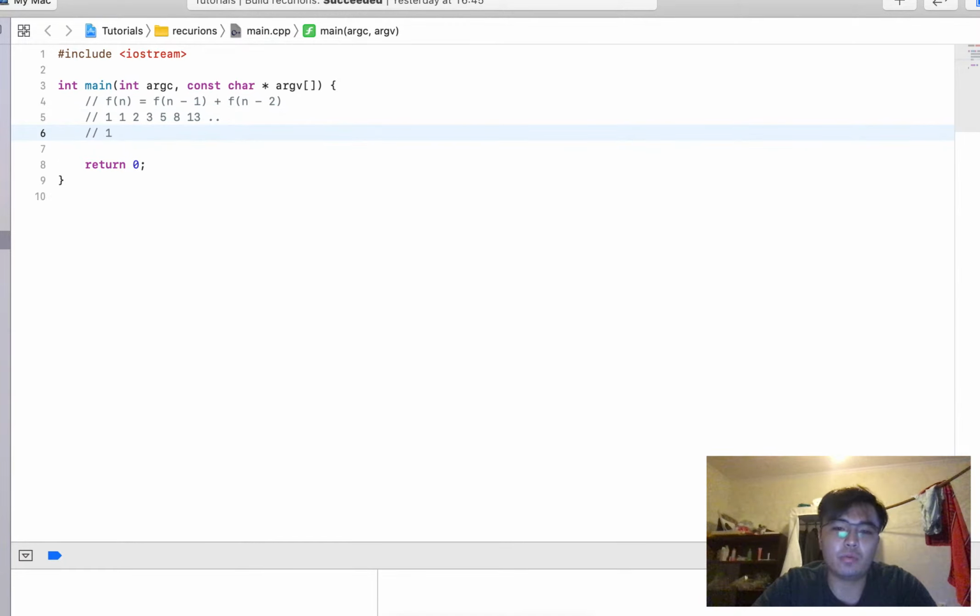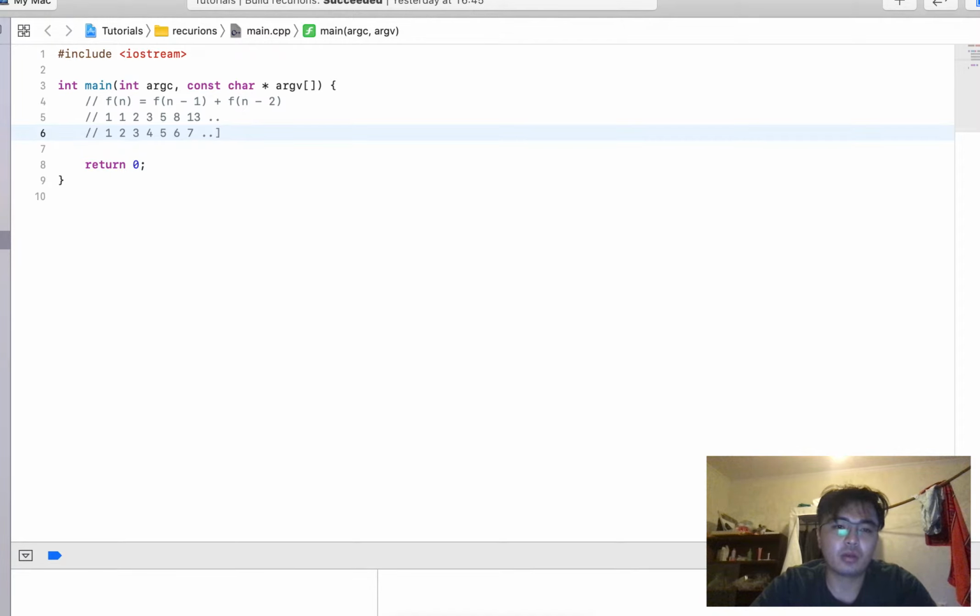So what this problem requires us to do is to find the nth Fibonacci number, which in this case, our first Fibonacci number will be 1, and the second will also be 1, the third is 2, the fourth 3, the fifth 5, the sixth 8, the seventh 13, and so on.